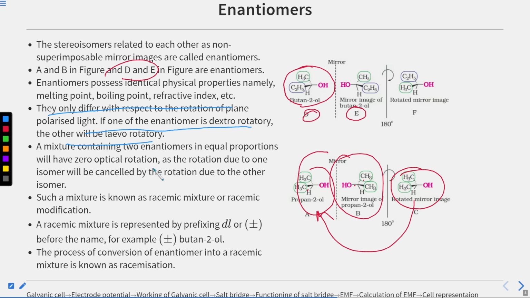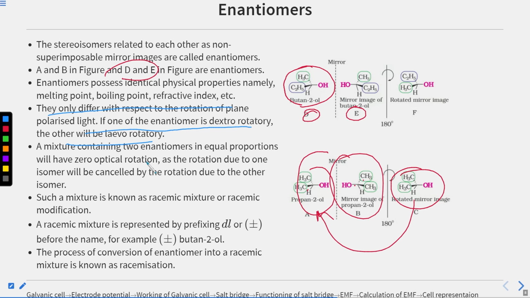Now what is a racemic mixture? We have seen what an enantiomer is. For a compound, one and only one enantiomer is possible. If you take a specific compound whose spatial arrangement is defined and you want to find its pair, you can get only one pair that would rotate the light to the same angle, but in the different direction.